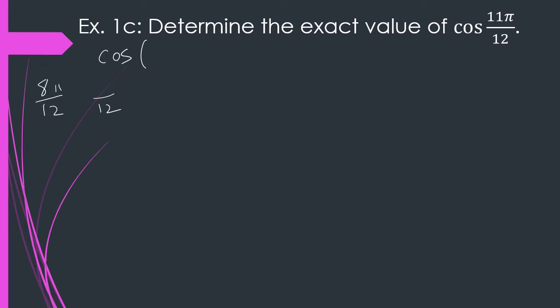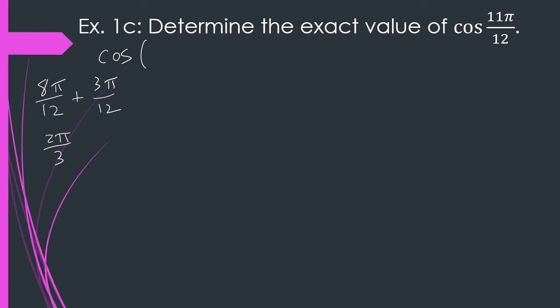To cut to the chase, if I were to do 8 plus 3, that's 11, okay? And if I reduce 8 pi over 12, divide everything by 4, I get 2 pi over 3. Now that's not one of my special angles, but it does have 3 as the common denominator, which means I can actually use my special triangles, but in the Cartesian plane.